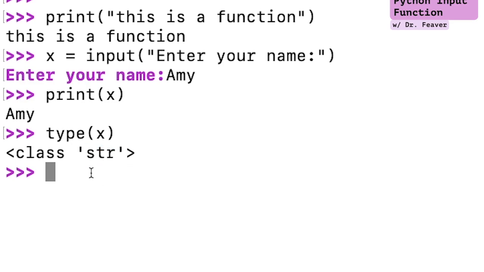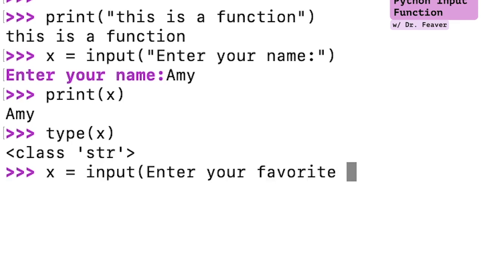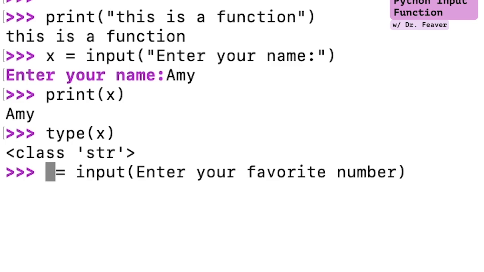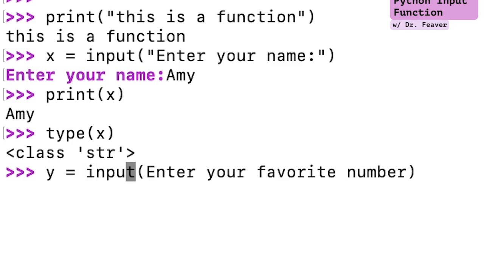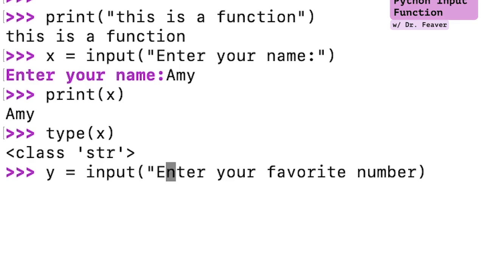So the reason I am telling you this is maybe I want to say, okay, x equals input, enter your favorite number. That's a mess. We need quotes, and I want to use a different variable because x was already used. If I reuse the variable x, all it does is rewrite over the previous value for x.